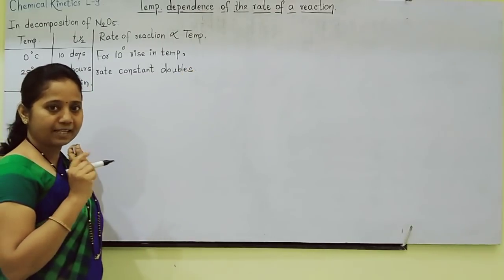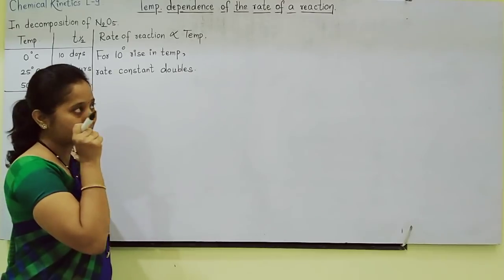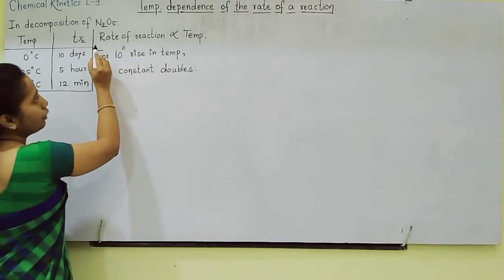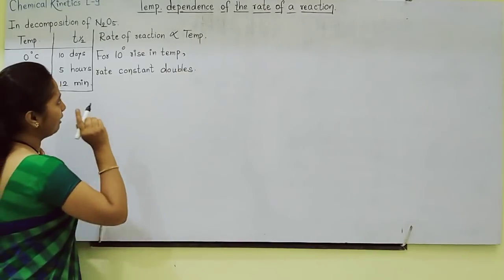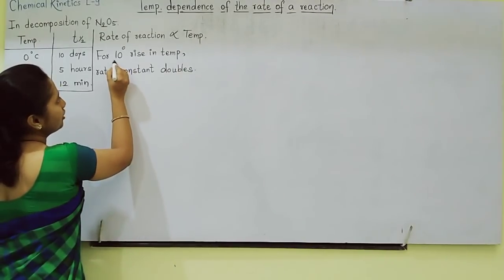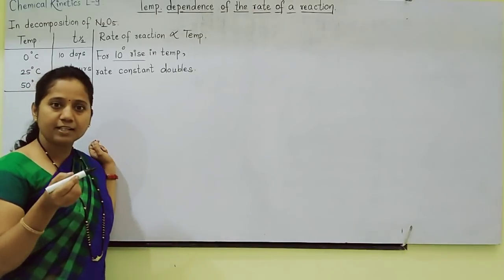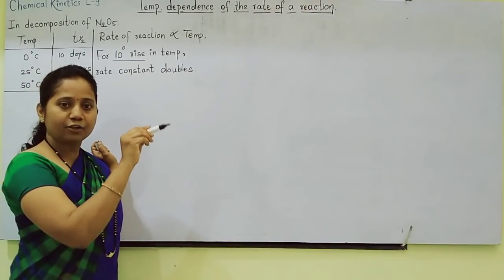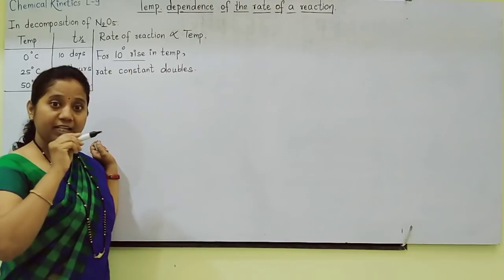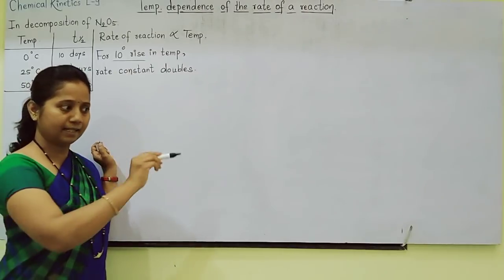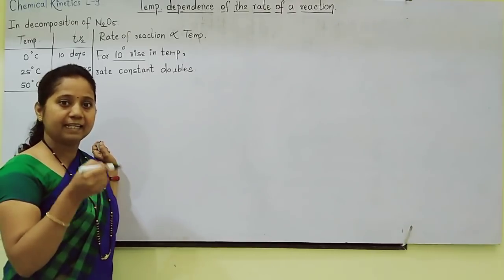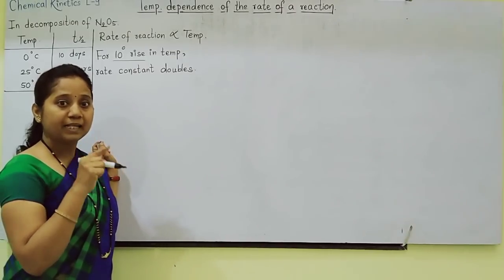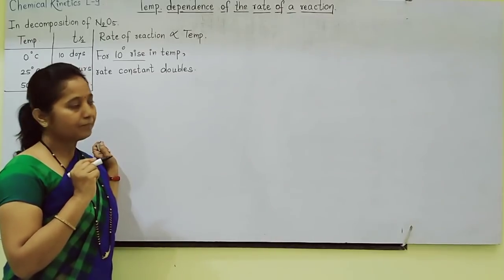So if the exact relationship is asked, your answer should be: rate of reaction is directly proportional to temperature, and for every 10-degree rise in temperature, the rate constant doubles. First increase 10 degrees, rate constant doubles. Again if you increase temperature by 10 degrees, again rate constant doubles. For every 10-degree rise in temperature, rate constant doubles.